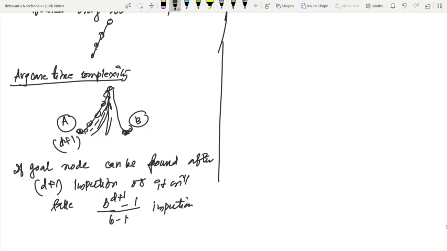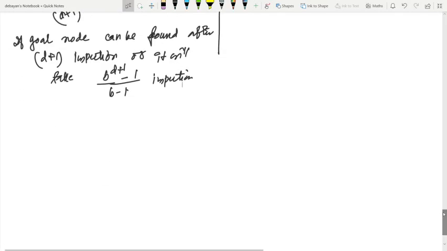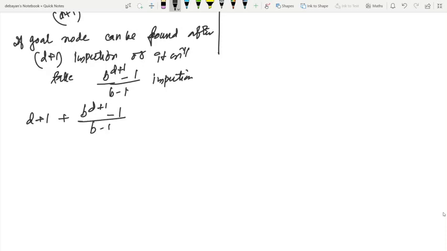If we approximately calculate the average case, it will be about b to the power d plus 1 minus 1 by b minus 1, divided by 2. So it is approximately b to the power d, which is the corresponding time complexity for searching with DFS.